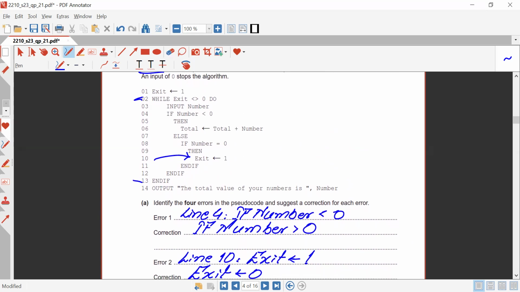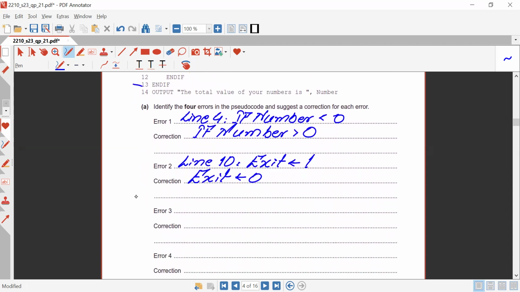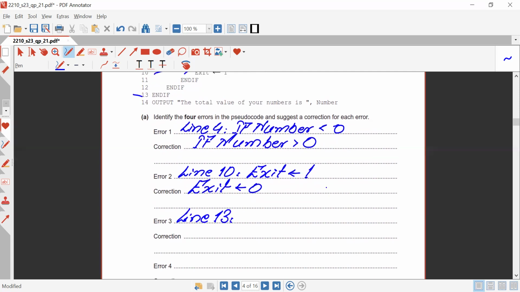That means the while loop is going to end over here. So at line number 13 it shouldn't be end if. The error is end if, it should be end while.